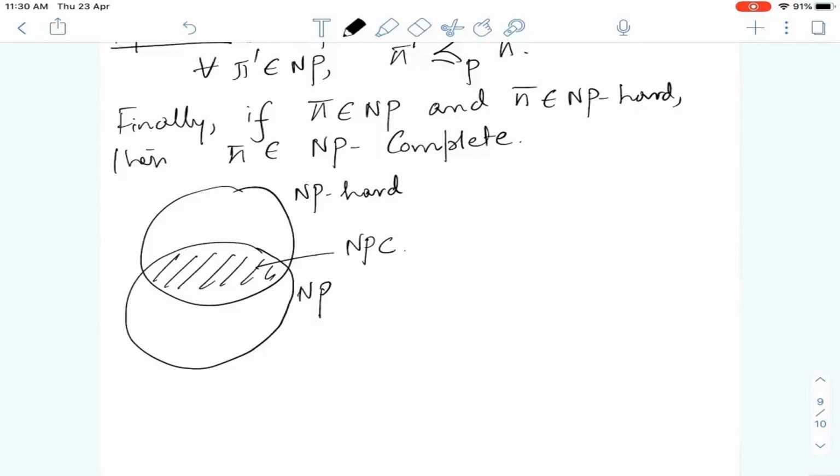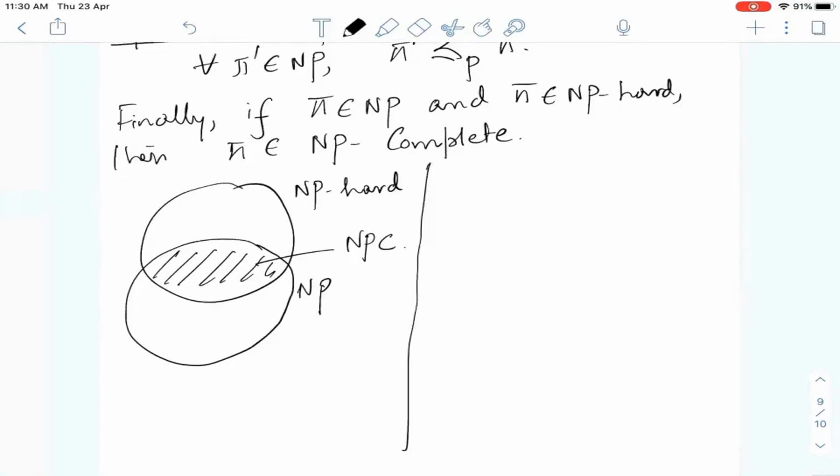Or for each problem in NP, is it possible that there is at least another problem which is also in NP and neither of them is reducible to each other? Can this happen? So that's the most remarkable theorem, I think, one of the most remarkable theorems in all of computer science, in fact.